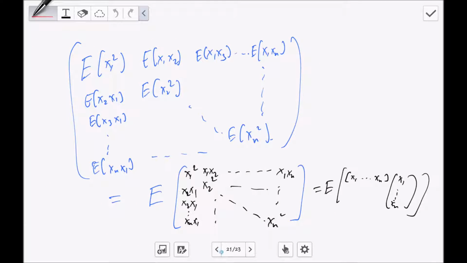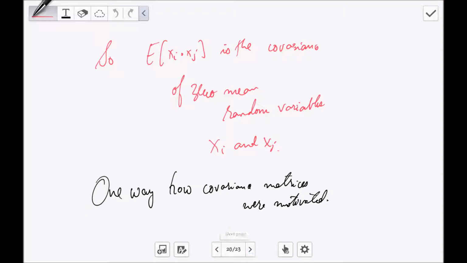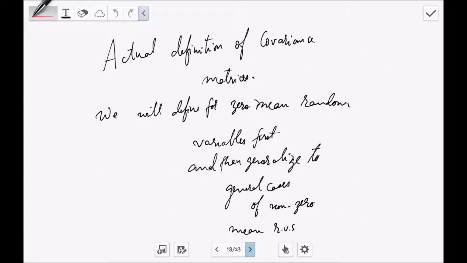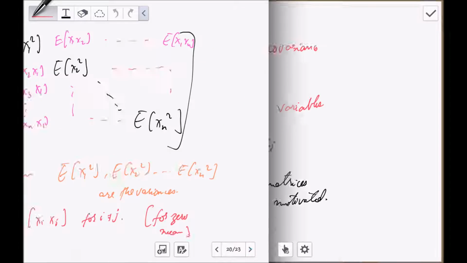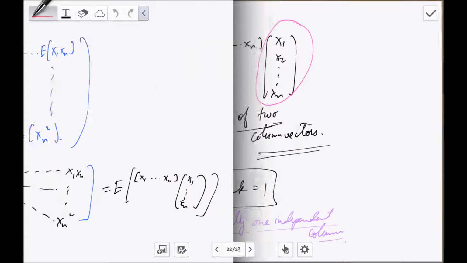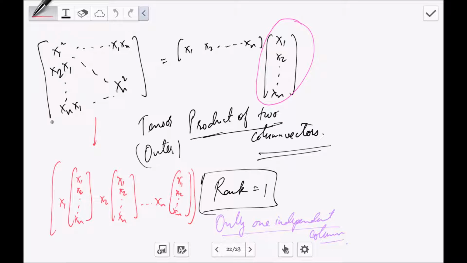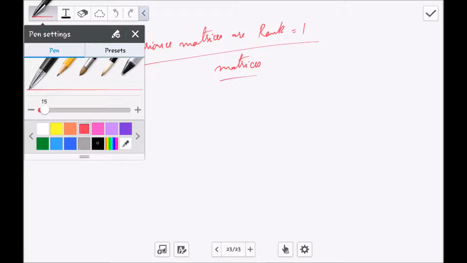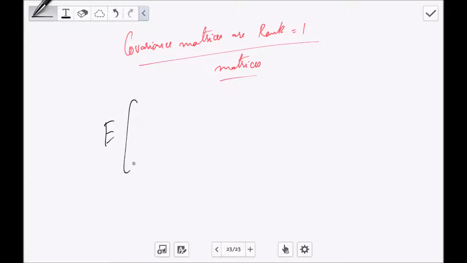Now, they are rank 1 matrices, but what do we have them as? Not covariance matrices, these matrices. These matrices are rank 1 matrices, because the covariance matrix is the expectation of x1, x2, so on up to xn, times x1, x2, xn.